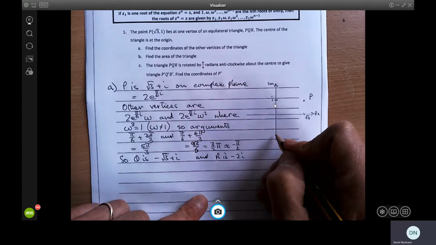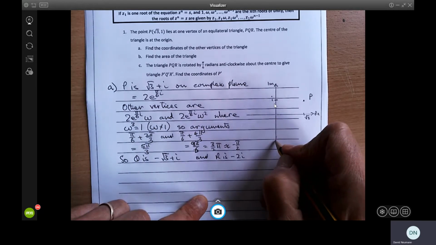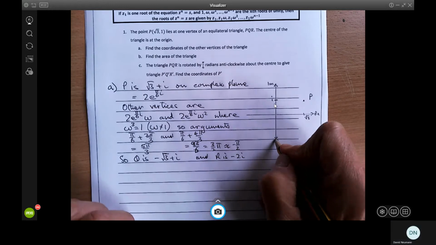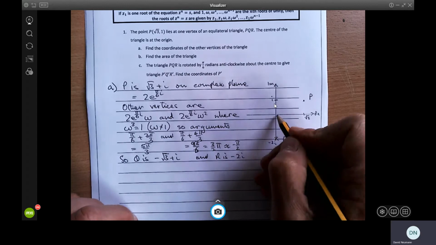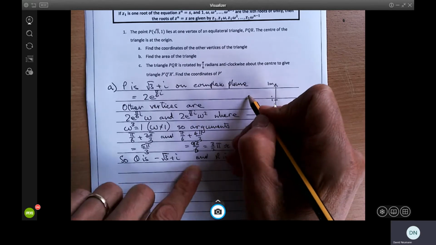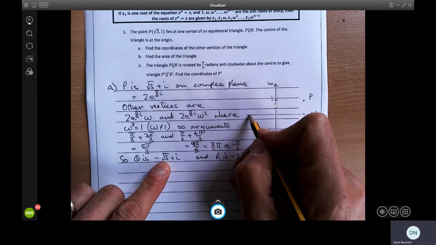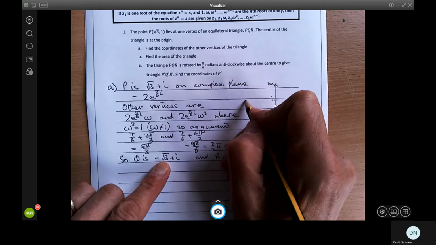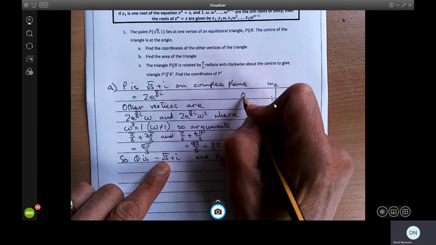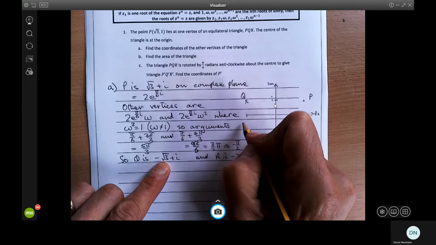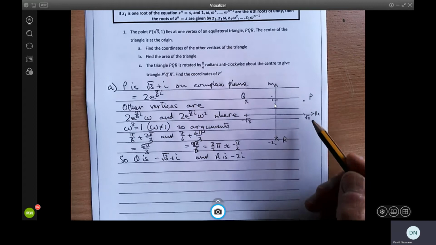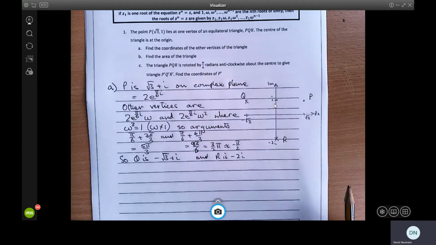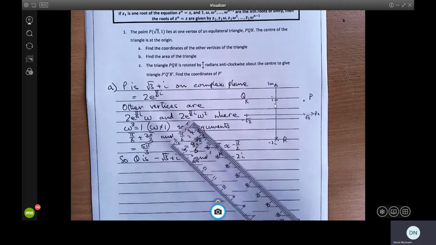So we've got this down here, minus 2i. That's R now, and then this one out here, minus root 3 plus i, there we go, Q. There are the vertices of our equilateral triangle.